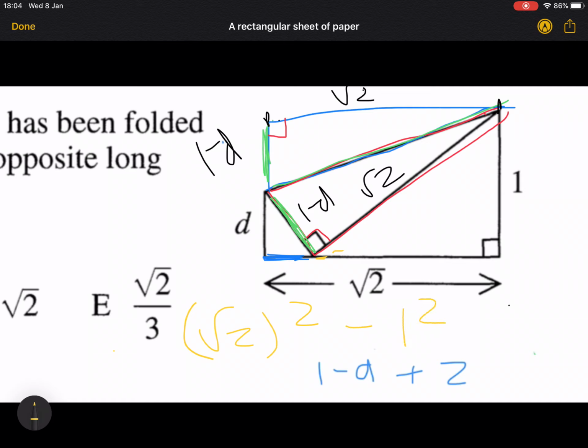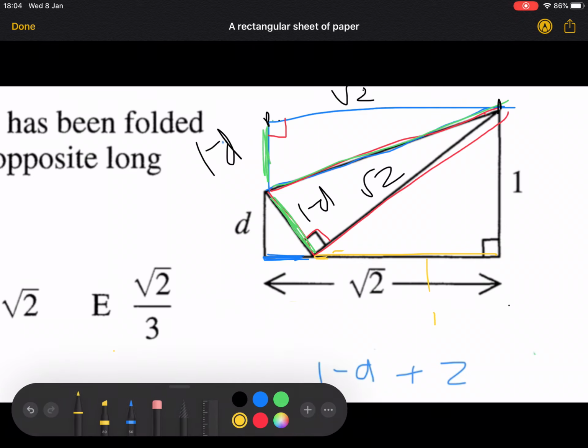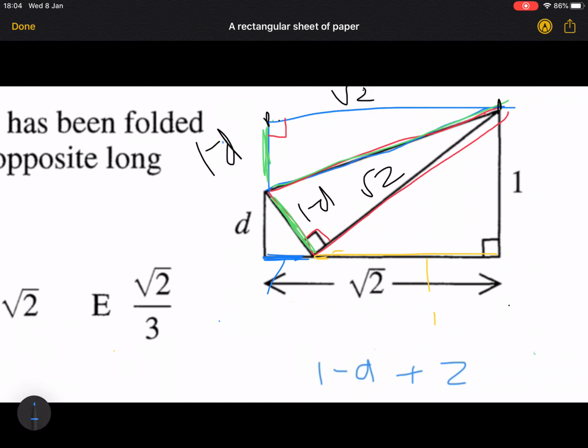Root 2 squared is basically 2, and then 2 minus 1 is just 1. So our yellow side here would just be 1. And then our blue side would just be the whole length, which is root 2, minus 1. So our blue equals root 2 minus 1. Now we have all three lengths of our smaller triangle labelled here.